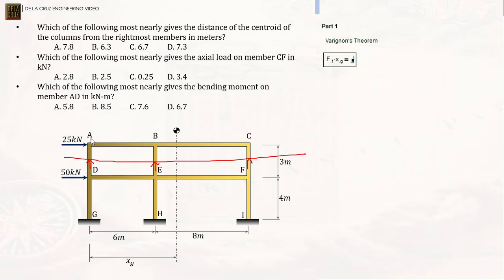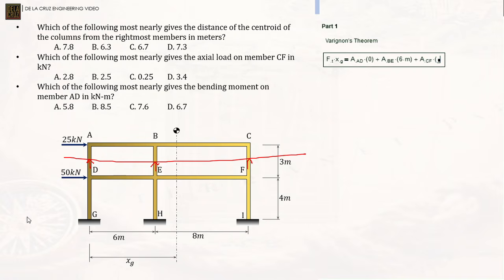So this force here, I will call the axial force in member AD, multiplied by its moment arm with respect to this reference axis. Of course, that would be 0. Plus the axial force in member BE, the second force here, multiplied by its moment arm from the reference axis. This is our reference point, so that would be 6 meters. Plus the axial force on member CF times the moment arm.